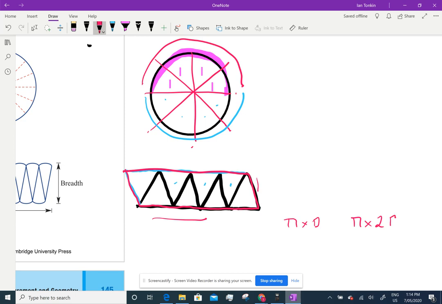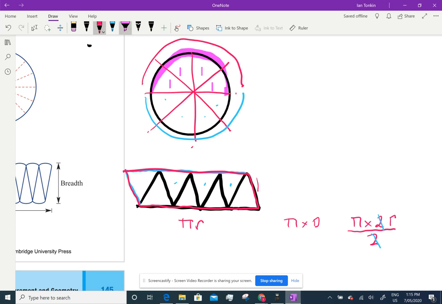But I only want half of that, so I'm going to divide by 2. Oh, and those 2's will cancel. So this distance here is pi times r.